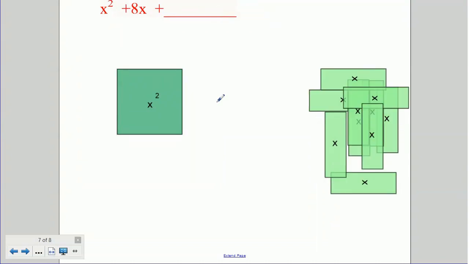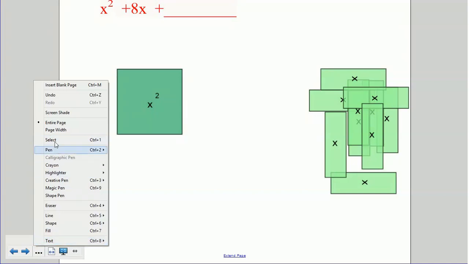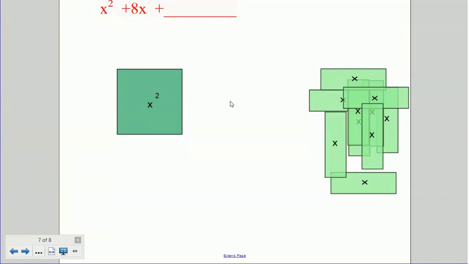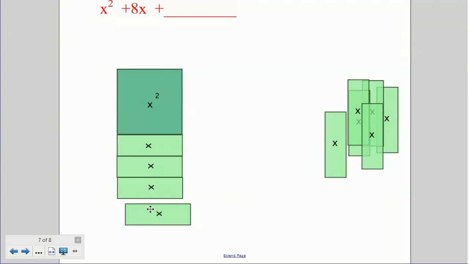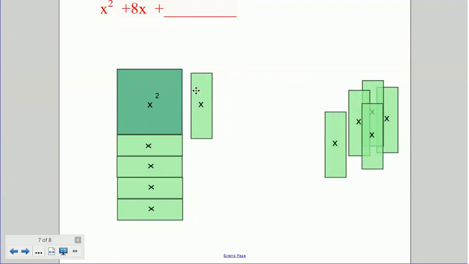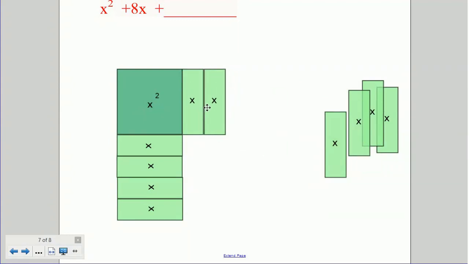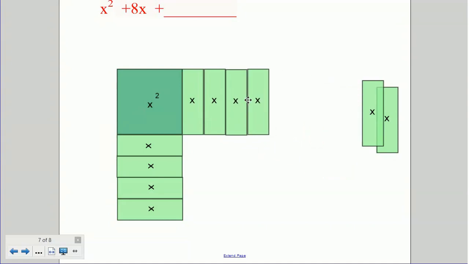Let's take a look though. What if I have 8x? Now it's a lot of times to take all those little squares and move them around. Well, I know that I'm going to have 4 x's going down here, and 4 x's going up and down, right? There we go.